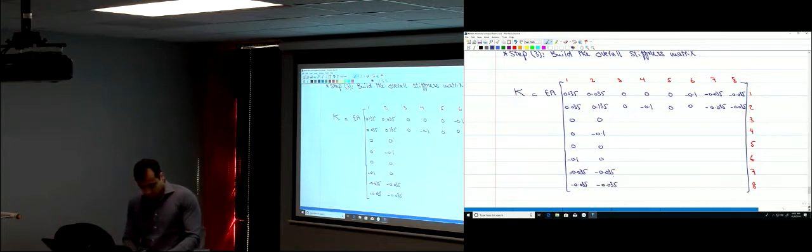The third row, identical to the third column.